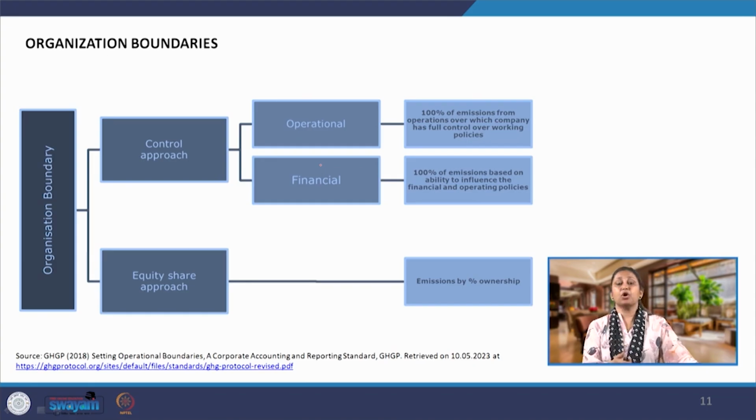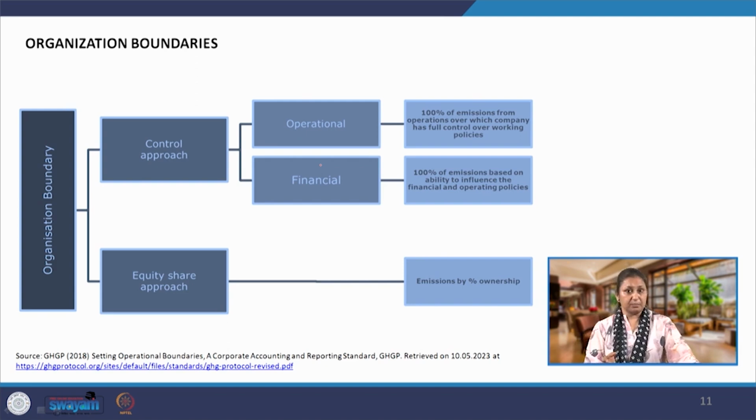The same is with operational control. If I have an equity investment and there the policy matters and decisions are being governed by the parent company also, then the emissions accruing from there will be added to the parent company as well.